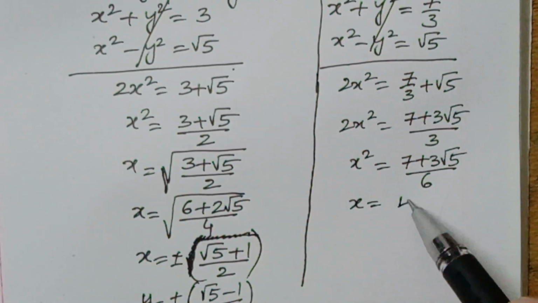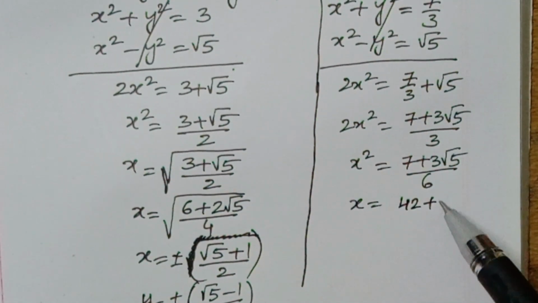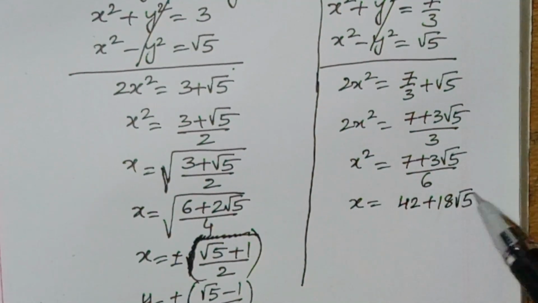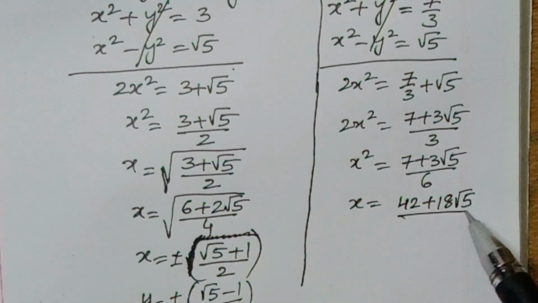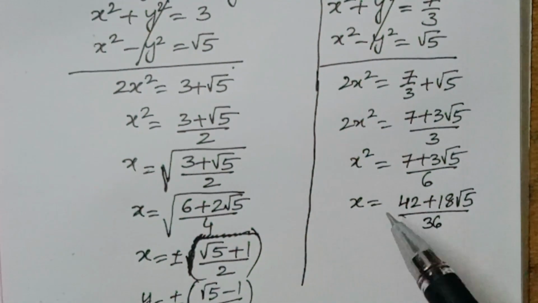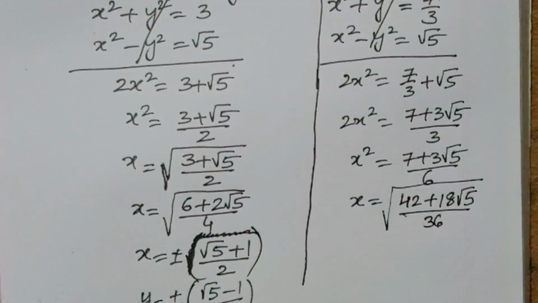So here you will get (42 plus 18 root 5) by 36. So here you have to find the square root of this.